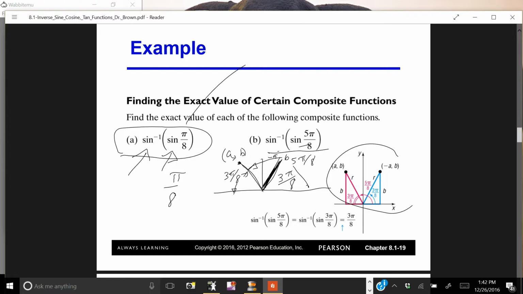So now we can say the inverse sine of sine of 5 pi over 8 is going to be the inverse sine of sine of 3 pi over 8, because the sine of 3 pi over 8 is the same as the sine of 5 pi over 8. And therefore, inverse sine of sine of 3 pi over 8 is 3 pi over 8.